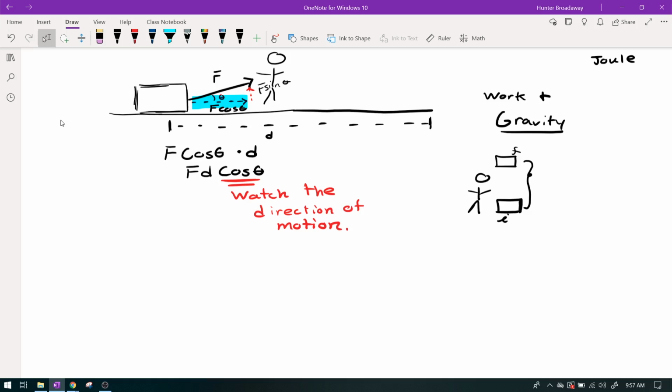My first question to you is, did we do work? The answer that y'all give me is yes. And why is that? There is a distance that has been traveled. The distance traveled would be in this direction, so this would be my displacement vector. Now, what would the direction of my force be?